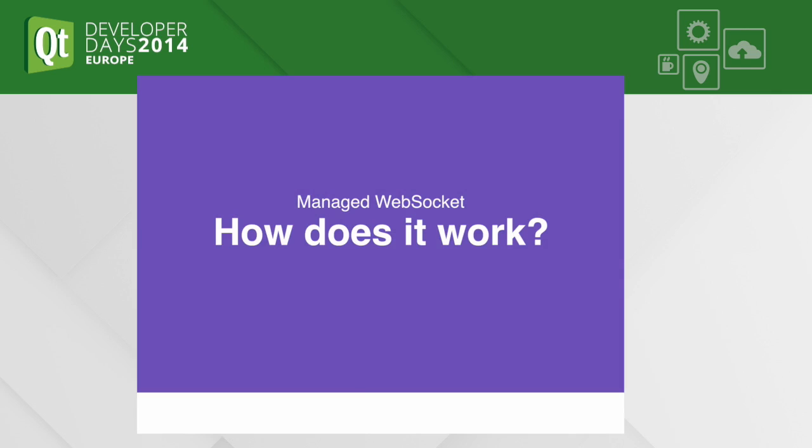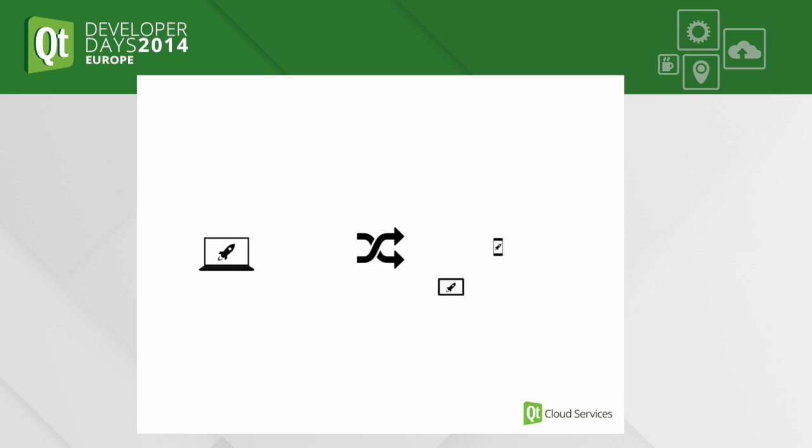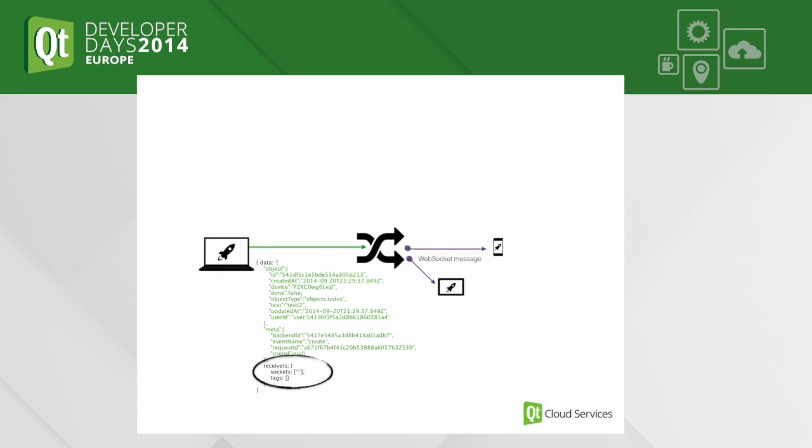When you want to receive WebSocket messages in your client application, you first request a WebSocket address from the Managed WebSocket Gateway, and then you can open the connection. When you want to send a WebSocket message, you create a request to the Managed WebSocket Gateway with the message and receiver information, and the gateway delivers the message to the given receivers.